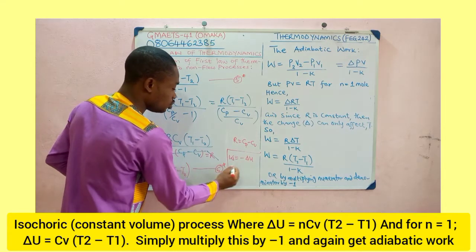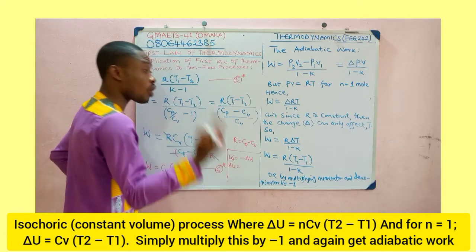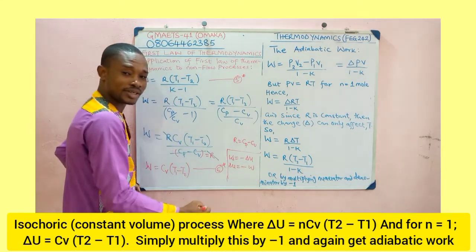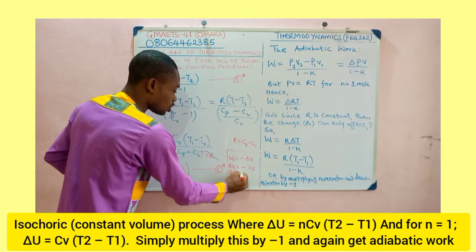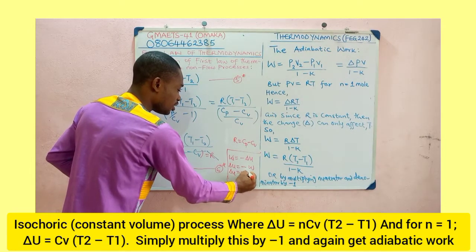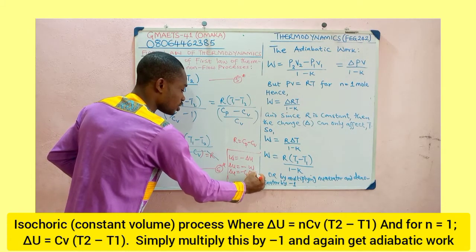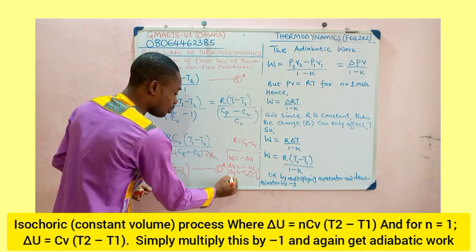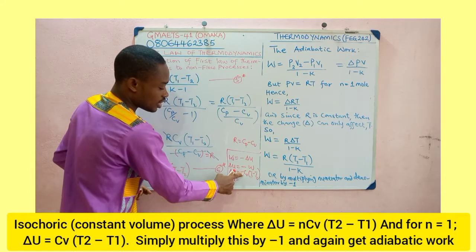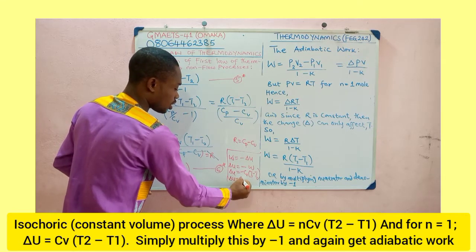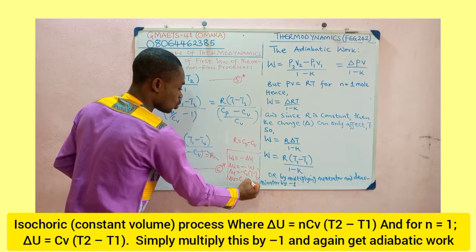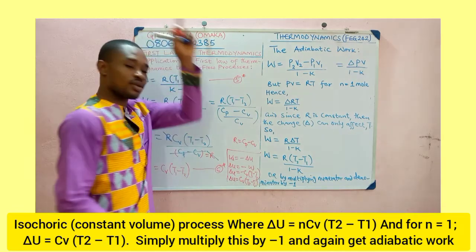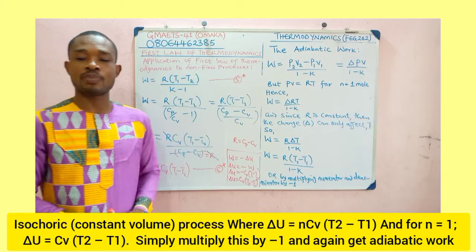If I make change in U subject to the formula here, just like we saw from the base formula under adiabatic process, it's going to be minus W, is that so? Which will give us change in U to be equal to minus Cv(T1 minus T2). Because T1 minus T2 is the order of arrangement here, which again bounces back to, if this negative affects this term inside, we're going to get Cv(T2 minus what? T1). Okay? As what we obtained under isochoric process.